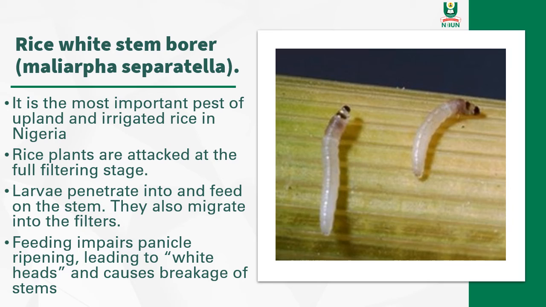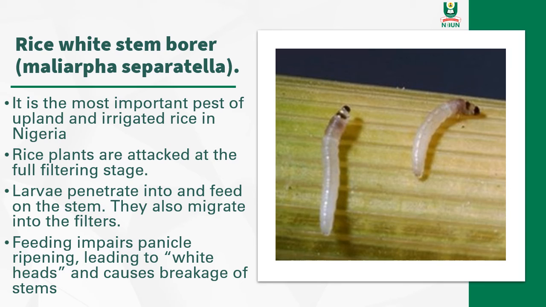What these larvae do is that they penetrate into the stem and then they feed there. They also migrate into the tillers of the rice plant. So they penetrate in, feed on the stem, and migrate to the tillers. And at the end of the day, the feeding impairs panicle ripening. So what you see at the end of the day are white heads; the panicles do not ripen because of these larvae.